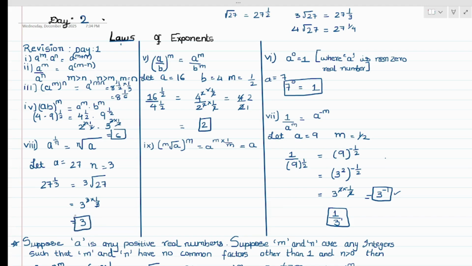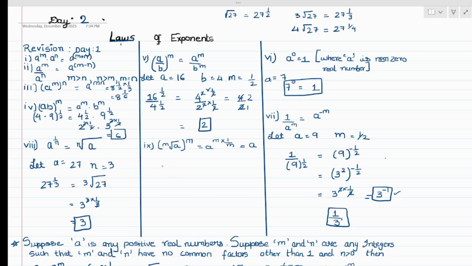Clear? Moving on to our ninth law, which says the nth root of a raised to m is equal to a raised to m by n.